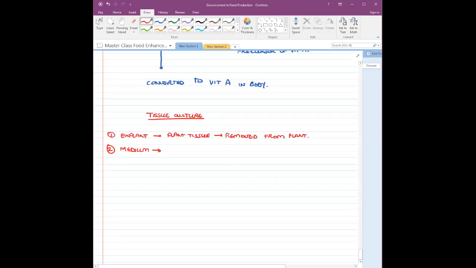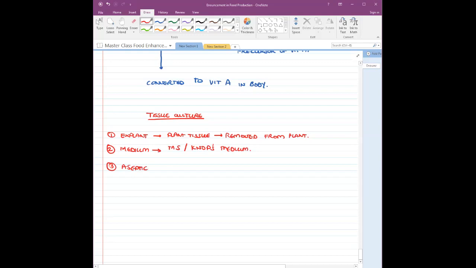This is known as your MS medium, that is your Murashige and Skoog medium, or there is another medium also, the NOPS medium. So MS or NOPS medium. We'll talk about this a little later, but these are the two media that we'll be using. Third, we require aseptic conditions.